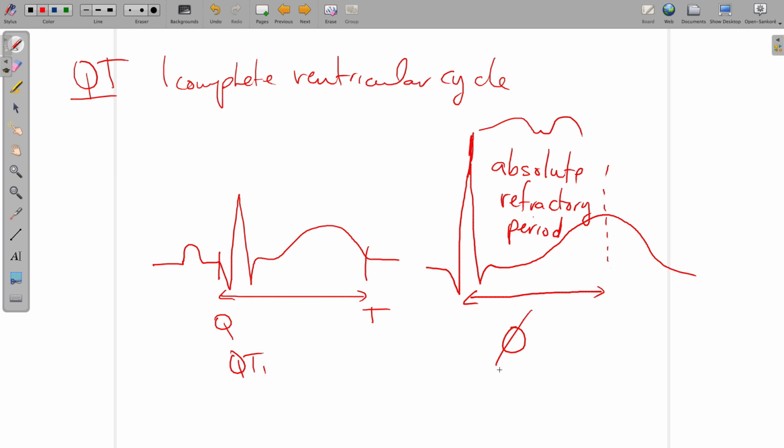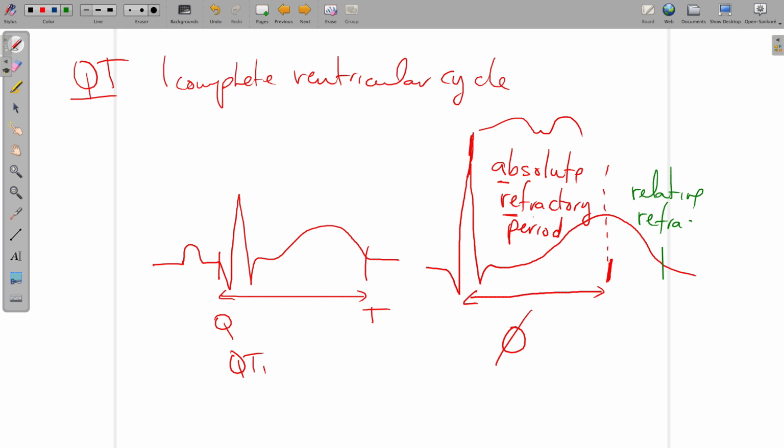The cell hasn't repolarized enough to go again. So it is absolutely refractory, meaning unable to respond to any sort of stimulus. Now, from the middle of the T wave till about the end of the T wave, there's this new time period, and that new time period is called the relative refractory period.